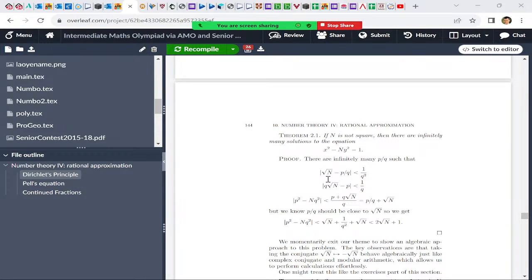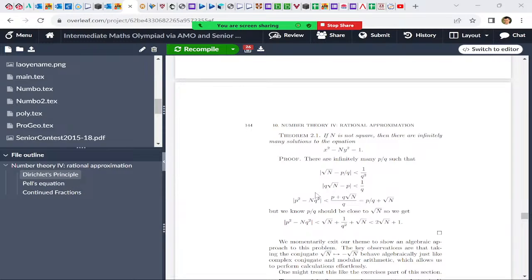So we start with the rational approximation of root n. Then we multiply both sides by q, and we get this expression: |q root n minus p| is less than 1 over q.